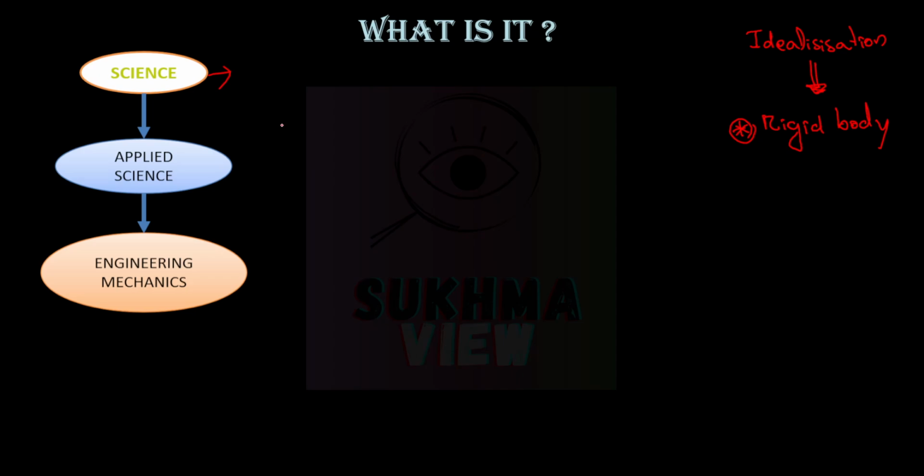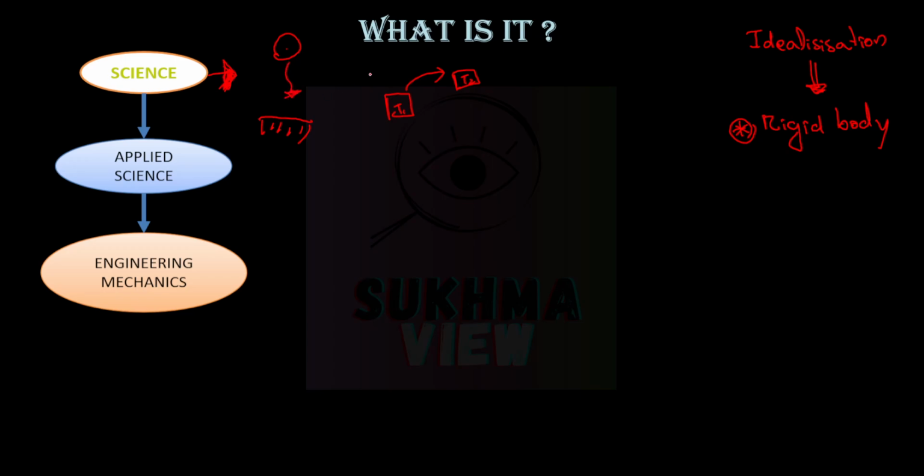Science means whatever we are seeing or observing in the universe, in the real world. The phenomena happening around us, that observation is known as science. A heavy object falls from a higher altitude to a low altitude, water flows, heat transfers from a hot body at T1 to a cold body at T2.